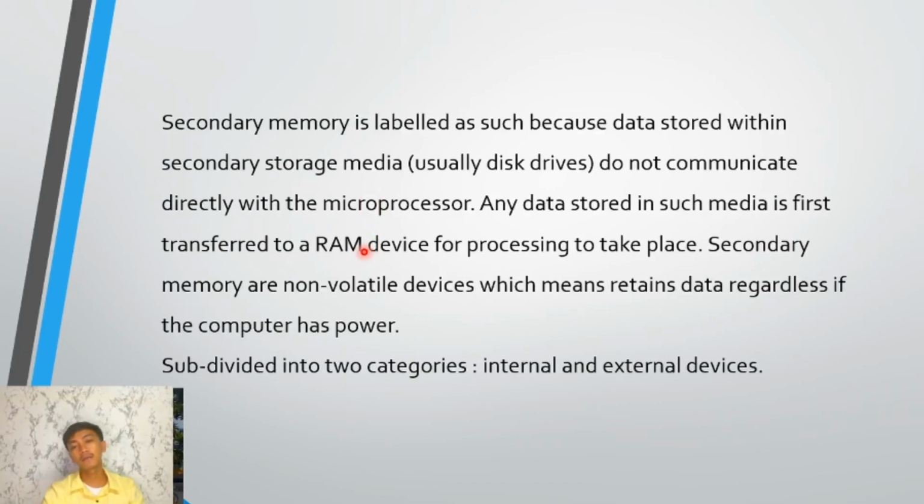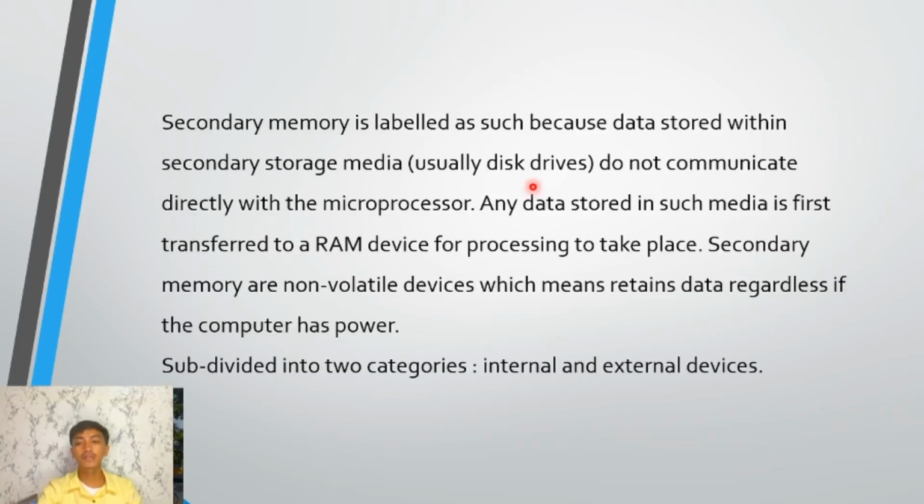Next is secondary memory. It is labeled as such because data is stored within secondary storage media, usually disk drives such as this one. This is a hard drive of a laptop as well. Desktop computers usually have larger hard drives than this.